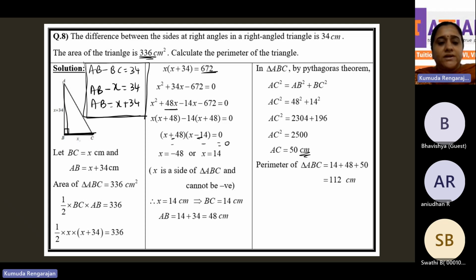See here, plus 48. So now split the middle term. The numbers are 48 and minus 14, right? So when you split the middle term, you'll write it as plus 48x minus 14x. If it is y here, you must write plus 48y minus 14y. All right? Okay.